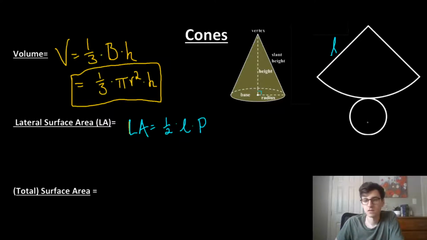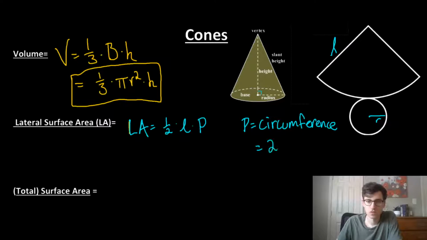Now the base, right, if this is our base, it has a radius of r. And hopefully you remember that the perimeter of a circle is the circumference. So P is the circumference of the circle, which is 2 pi r, right? Pi times diameter, or 2 pi r, is our circumference.